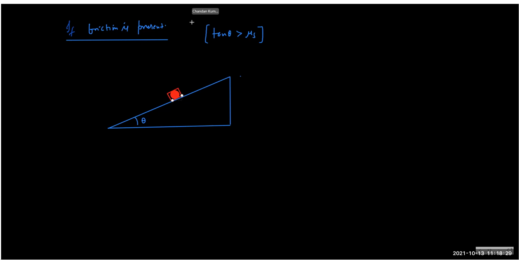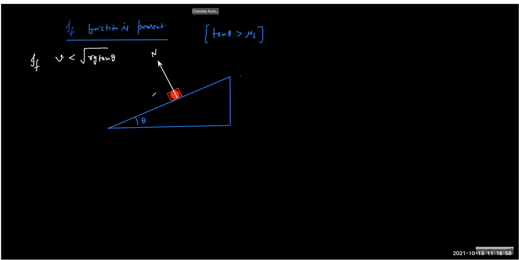So this vehicle, if you look carefully, now we are going to take the case when you're trying to move with a speed less than this value.